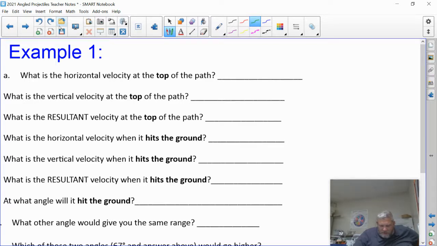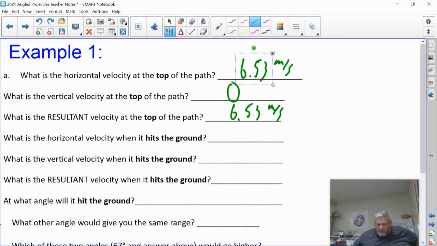So this value is going to be whatever the x velocity was, which is 6.53 meters per second. And what's the vertical velocity at the top of the path? We said that was 0. And the resultant, the overall velocity, is just going to be 6.53 meters per second.